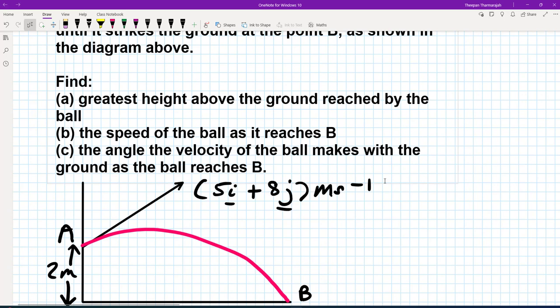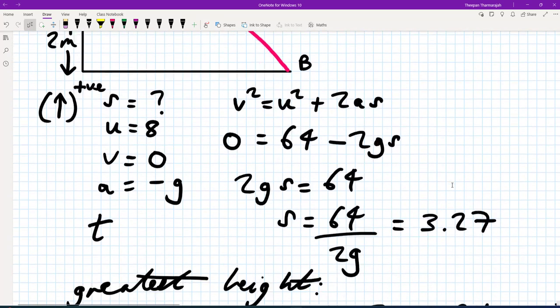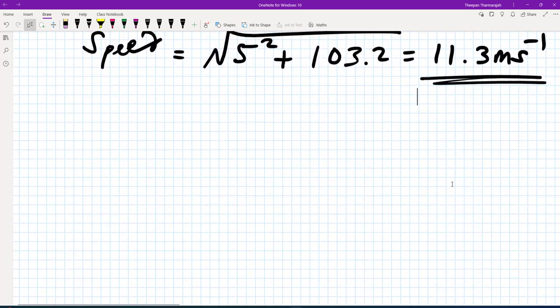Then part C says to calculate the angle the velocity of the ball makes with the ground as the ball reaches B. So let's do that then.